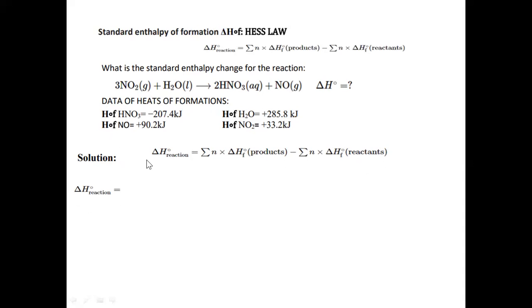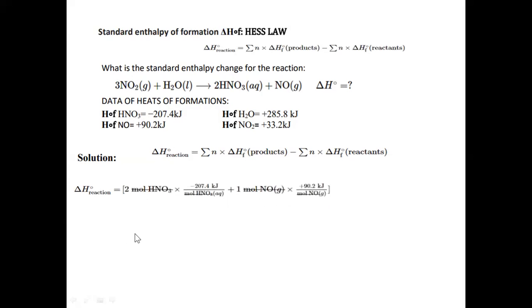The delta H reaction, or the change of heat of reaction, is equal to the summation of the number of moles, which is the coefficient of the product, multiplied with the heat of formation of the products, minus the summation of the number of moles for the reactants multiplied with the heats of formation for the reactants.